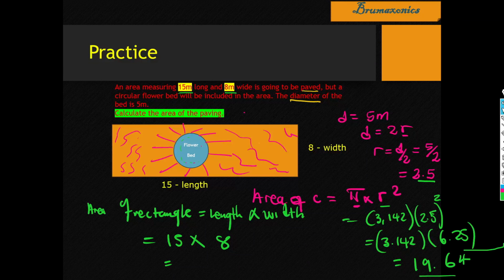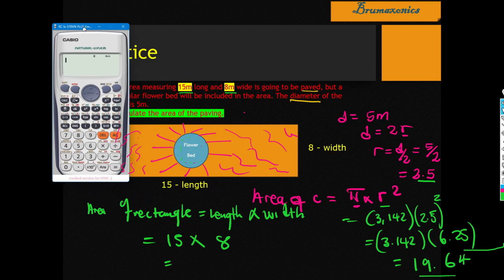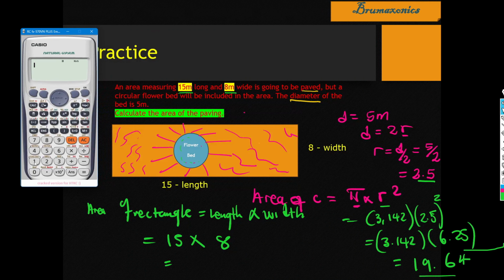My apologies for that. So here is the calculator. 15 times 8, that will be 120. So let's go and do this. 120, and then 120 m squared, right? Since we have m here, it means that this will be m squared as well.